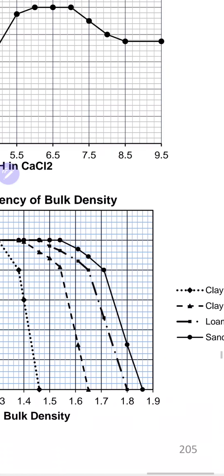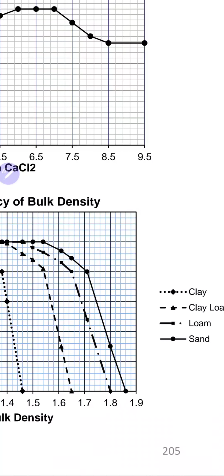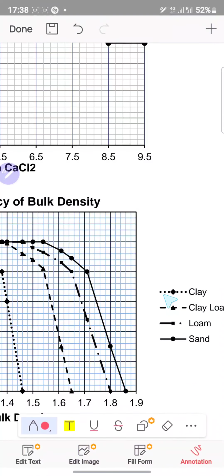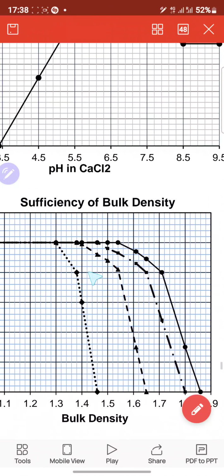Now you come to the legend, or the key, and identify which one is your clay, the type of soil. This one, the dot with a square in between, is your clay. So you identify where clay is. Clay is here. This line is for clay.